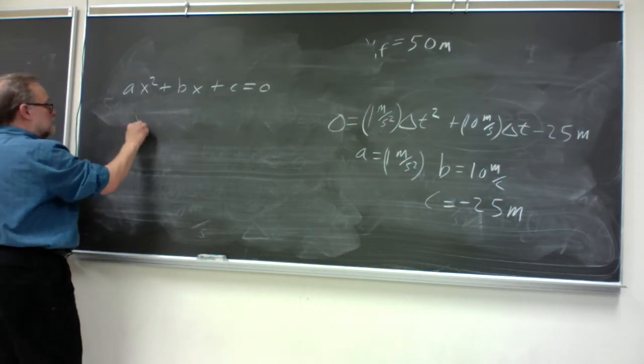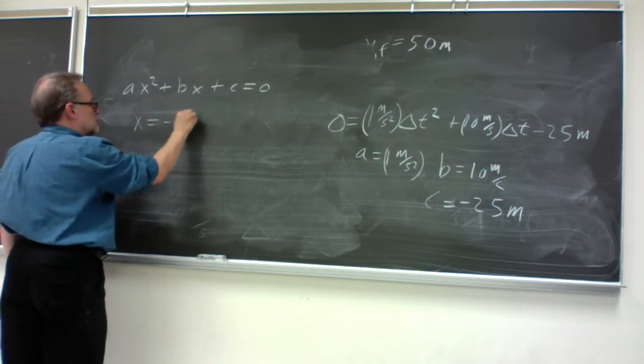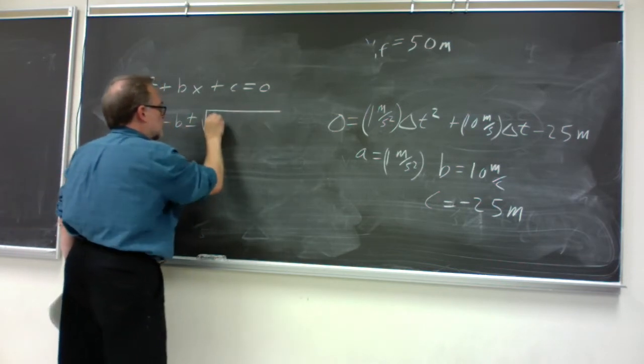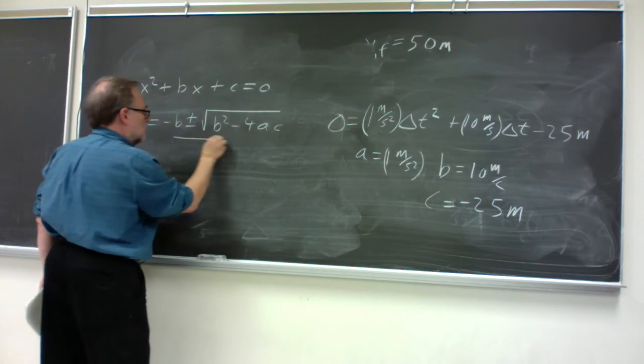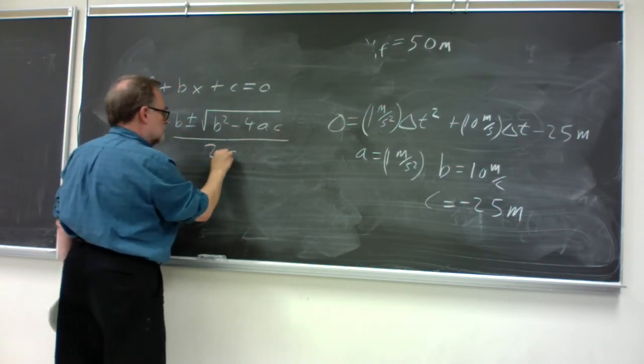And they are minus b plus or minus square root of b squared minus 4ac, all divided by 2a.